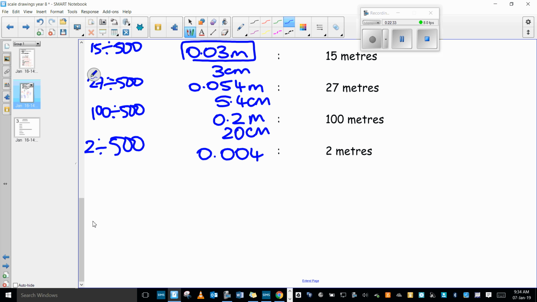So 0.004 meters. And then how many centimeters would that be? Careful, you multiply by 100. 0.4. Well, we'll do it another time because we can't figure that out. And we wouldn't have one like that. I'll teach you that standard form at some point, but not today. Okay?